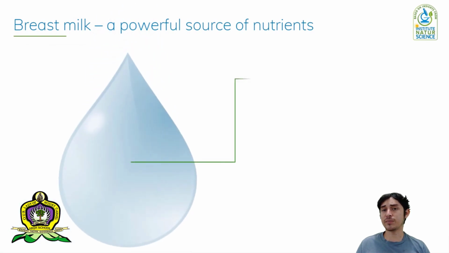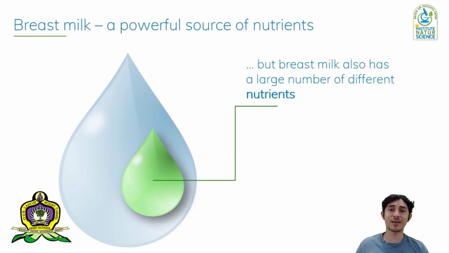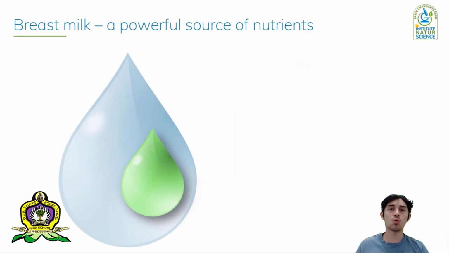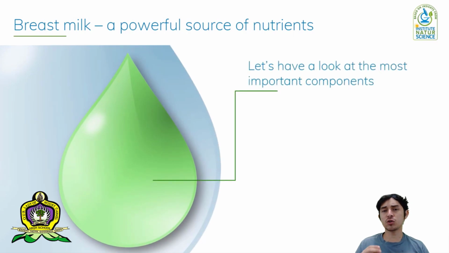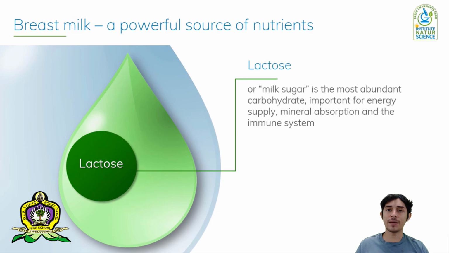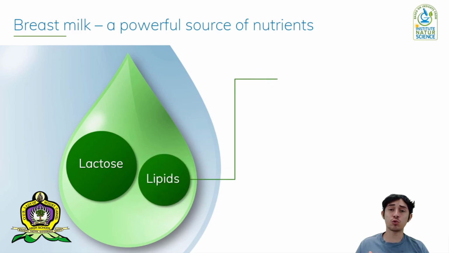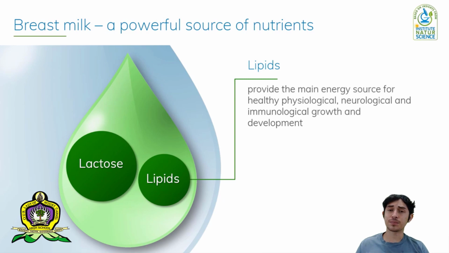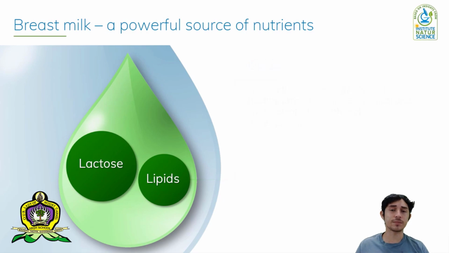Now here is the fun part. Milk is a mixture of sugars, proteins, and fats, and of course water. So whenever you drink milk, or when you were a baby and you used to breastfeed, the milk that you were consuming contained carbohydrates, proteins, and fats, and of course water.